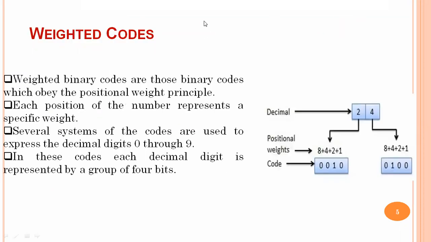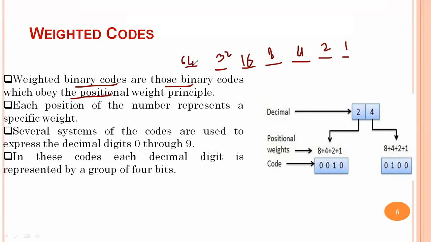First is weighted codes. The weighted binary codes are those codes that obey the positional weight principle. Positional means whenever we move from right to left, the position weight is increasing, like this is the first position, second, fourth, 8, 16, 32, 64.